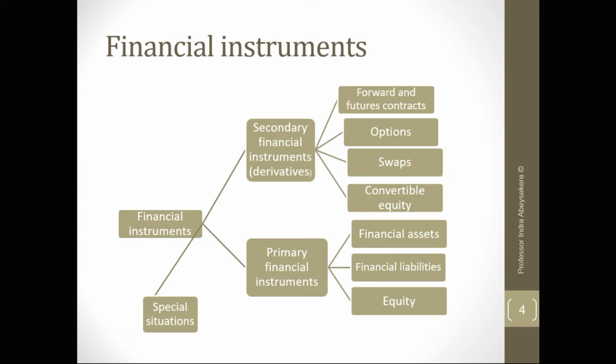When we talk about primary and secondary financial instruments, under the primary financial instruments, apart from the conventional financial assets, financial liabilities, and equity, in relation to treatment of these assets and liabilities, there can be special situations which we will look at later.